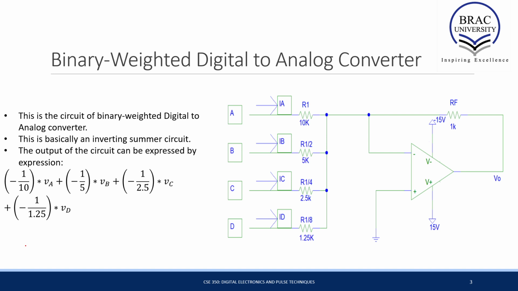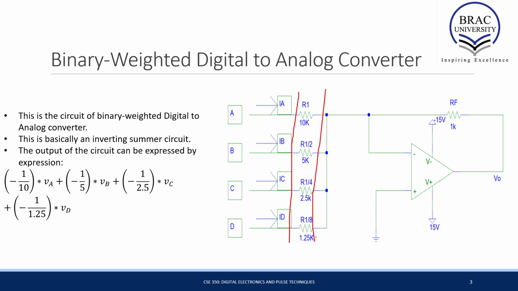So what is the significance of 10, 5, 2.5 and 1.25? These are basically the resistors, these four resistors connected to the inputs. They are also decreasing by a power of 2.